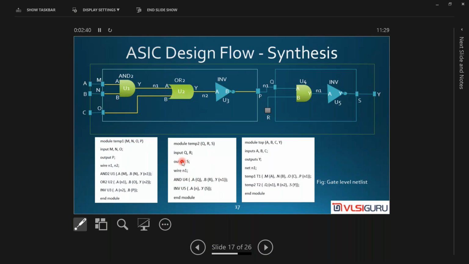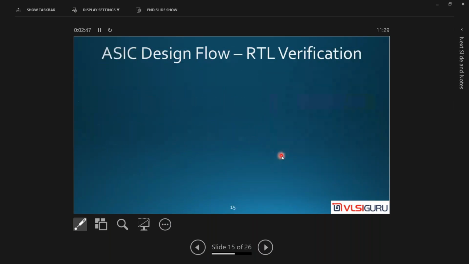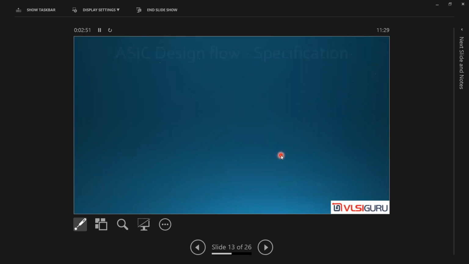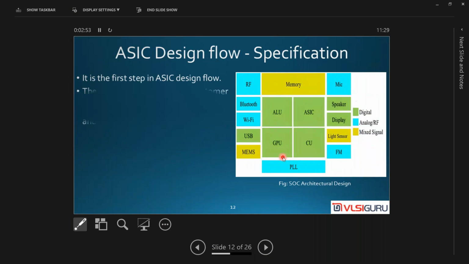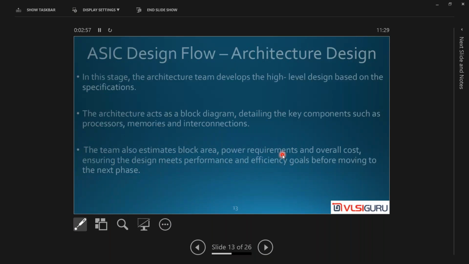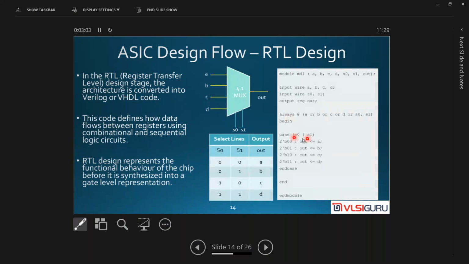Here you will not see, when I was talking about RTL, we were able to see certain case statement, if statement, else statement, right? Here we were able to see case statement, right?